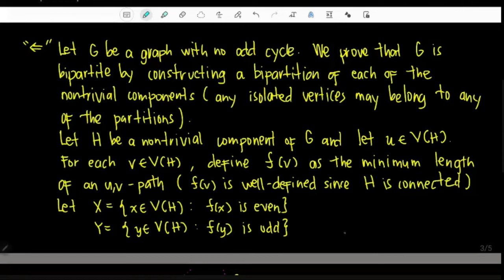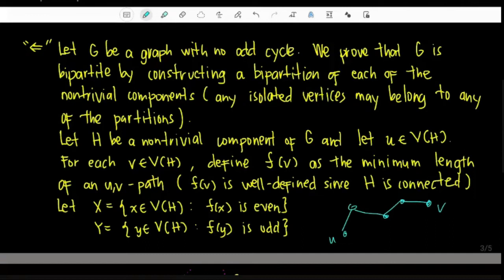Let's say we have a fixed point U, and then we have another vertex B. You get all the possible paths from U to B. So what is f(B)? f(B) will be the minimum length of a U-B path. So all you need to do is get the shortest possible path from U to B, and you get the length of that path.